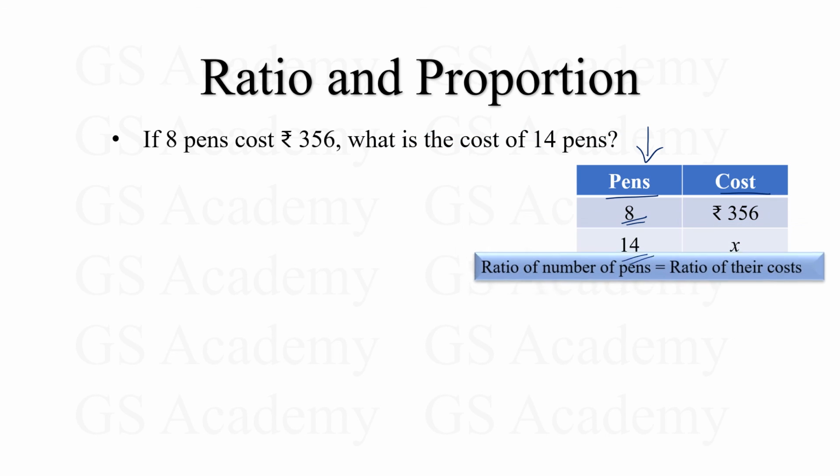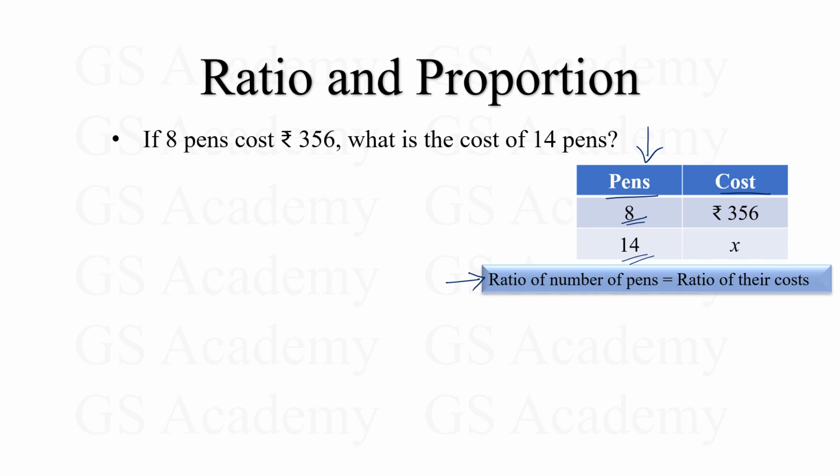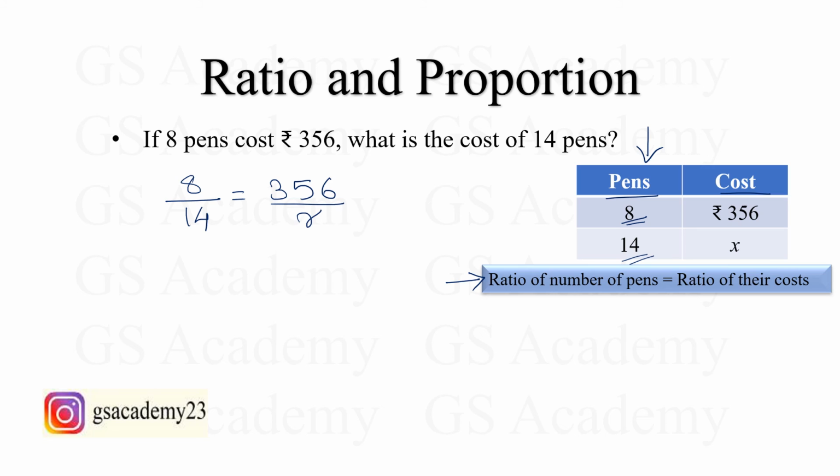So again ratio of number of pens is equal to ratio of their cost. So we will write it down as 8 upon 14 is equal to 356 upon X. In order to find the value of X, again we will shift this here and this fraction here. So X is equal to 356, and while shifting this fraction it becomes reciprocal, so this will be 14 upon 8.